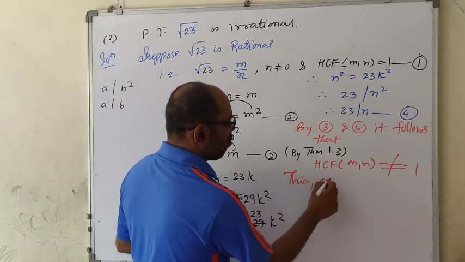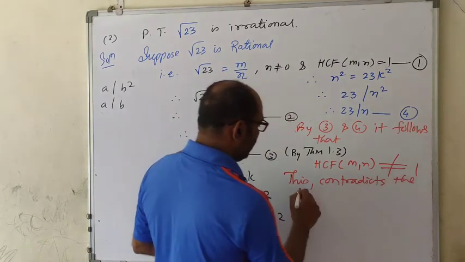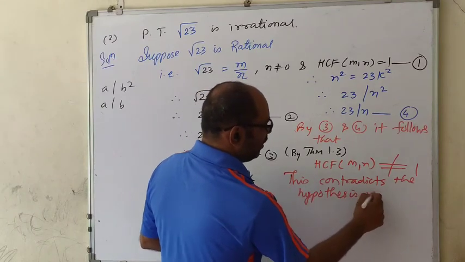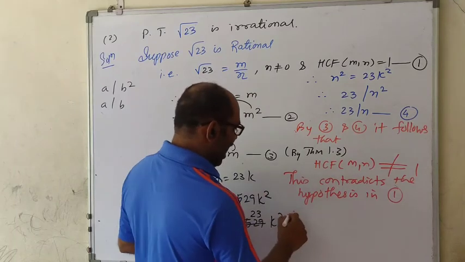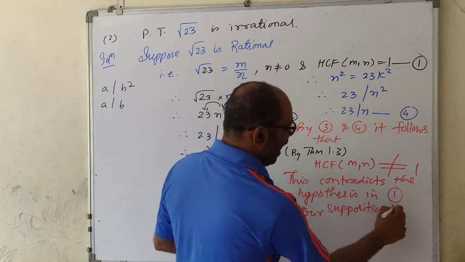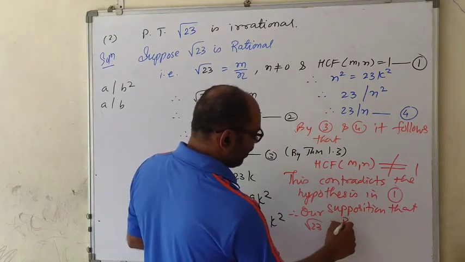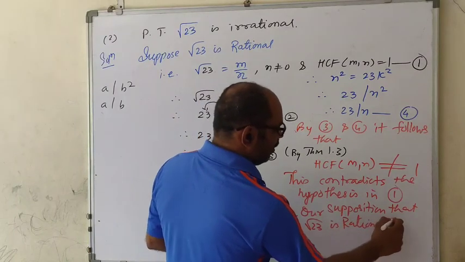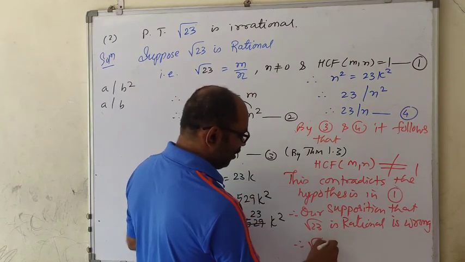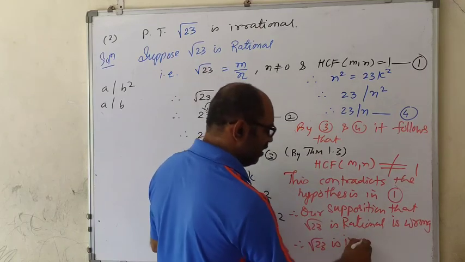This contradicts the hypothesis in 1. Therefore, our supposition that root 23 is rational is wrong. So what is right? Therefore, root 23 is irrational. Since rational is wrong, it means irrational.